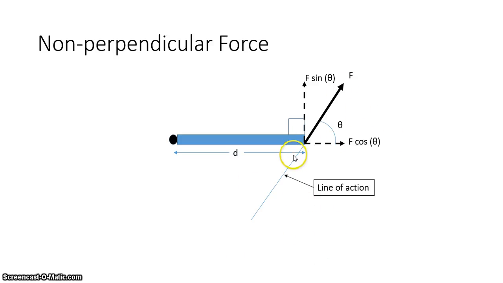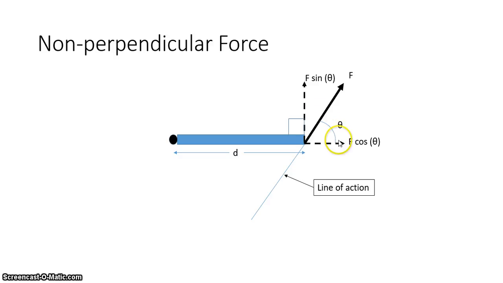The force is still being applied in this area here, but rather than putting the force vector here, we're actually putting the force vector here. By doing this, that force vector has an angle of theta between where the force is being applied and the x component. This x component is f cosine theta, and we're going to find theta at this angle here.